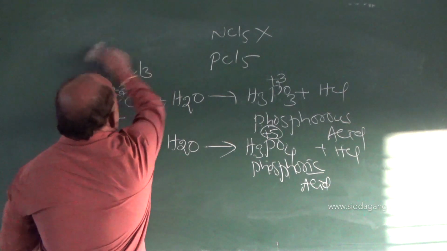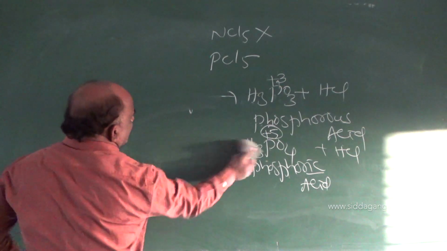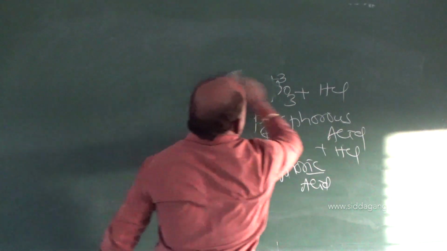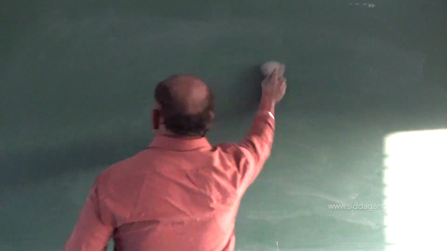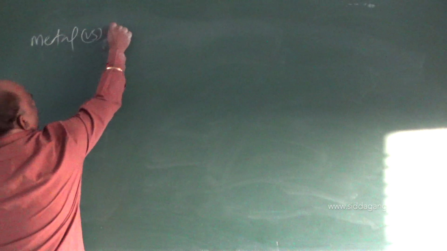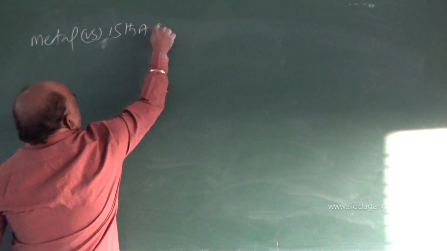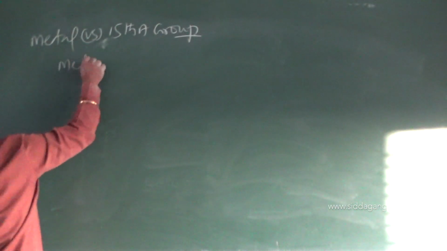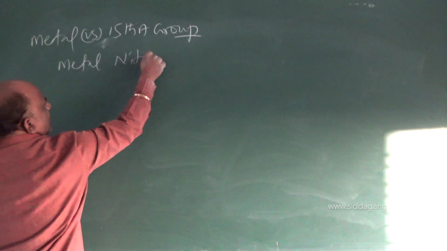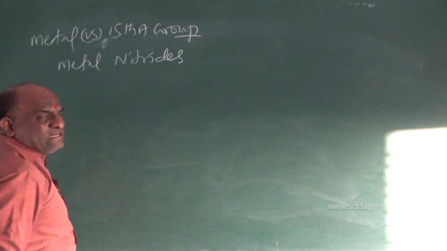So this is about halides, and after this, the 15th group elements react with metals to form nitrides. That is called metal nitrides.